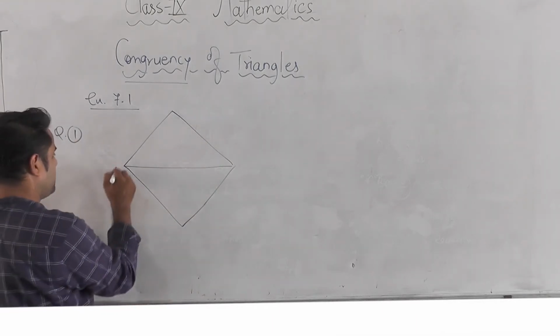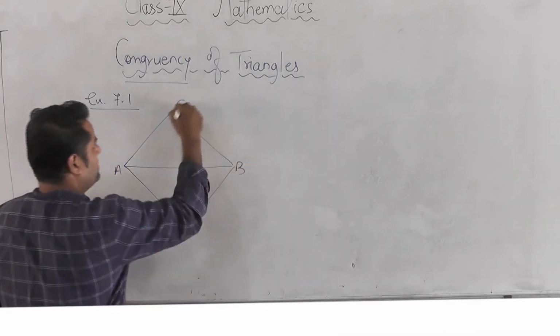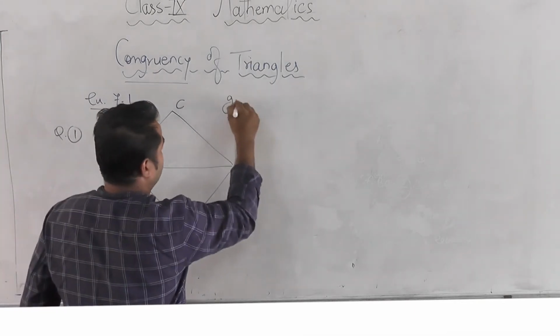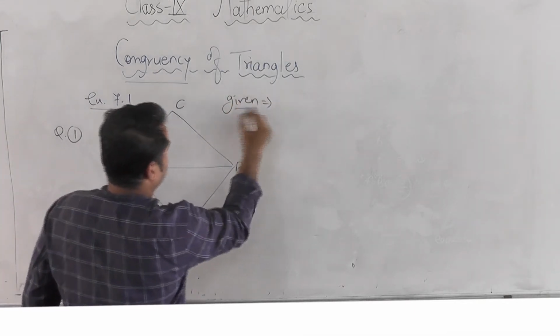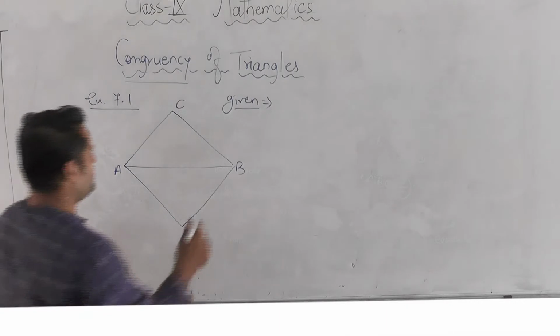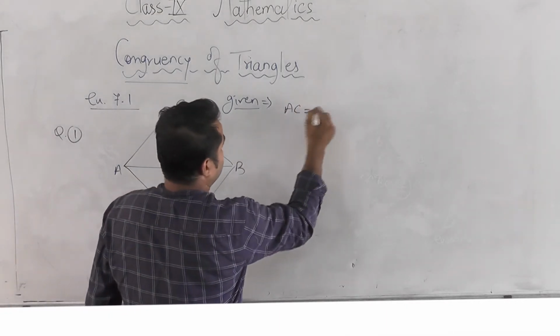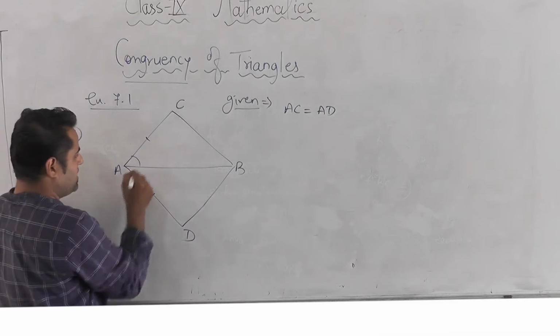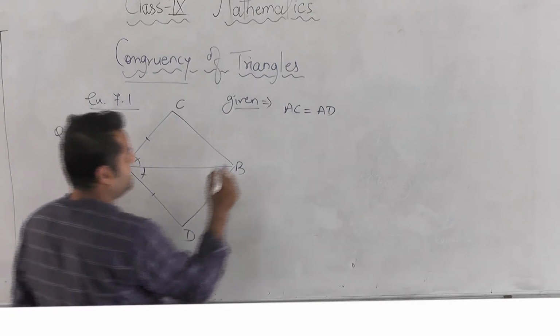So first I am writing what is given in the question. In the question it is written that AC is equal to AD and AB bisects angle A. So the two sides AC and AD are given equal, and AB bisects angle A.